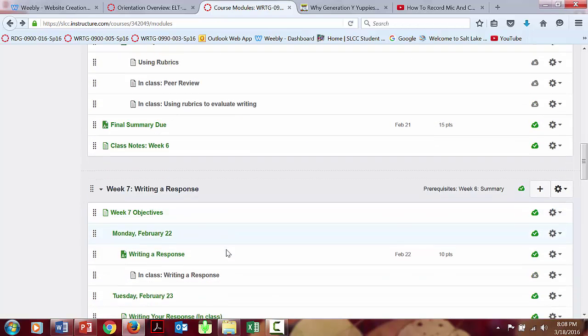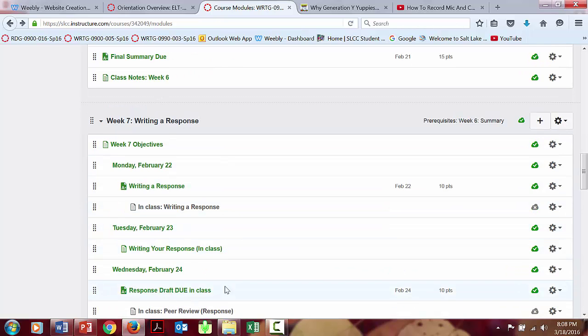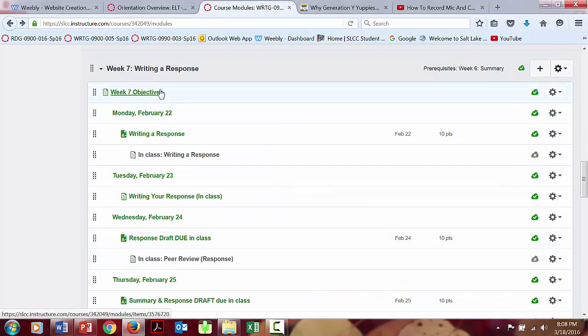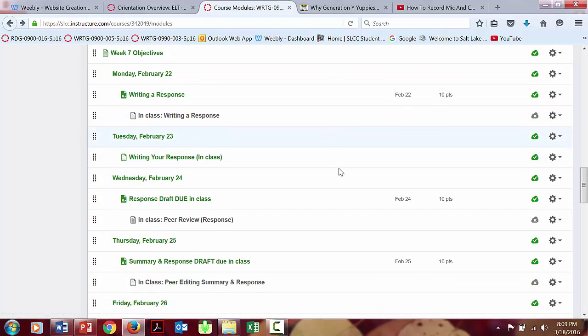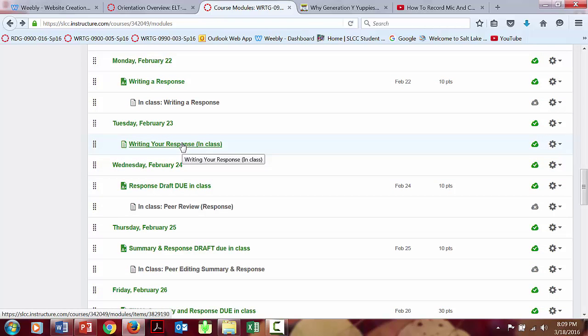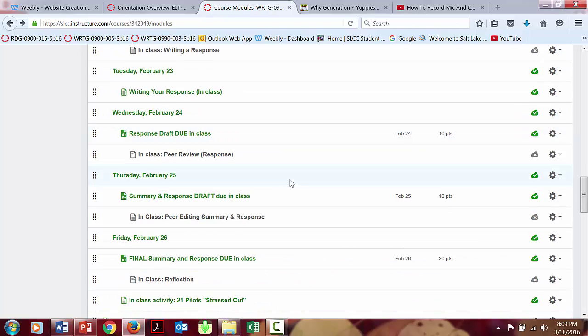Week 7, they actually write the response to the article. You'll see it's scaffolded in the same way. What is a response here? We took some time writing and working together, writing our responses in class, looking at specific questions to address, elements that we should address in a response.